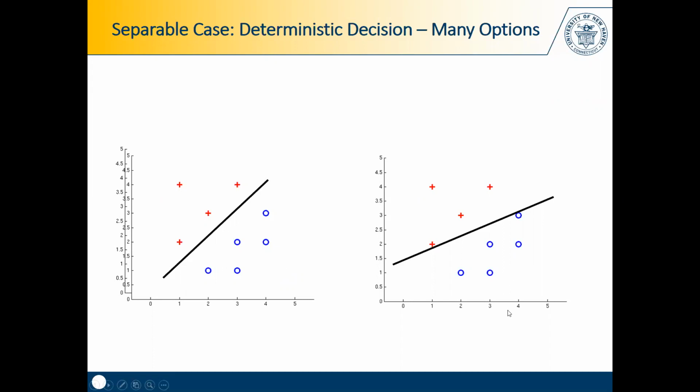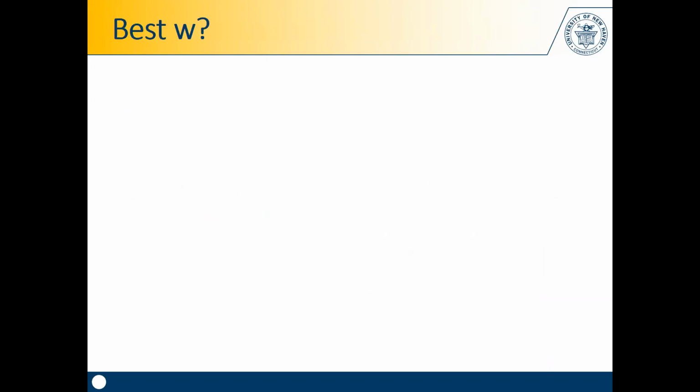Which one is best? Any thoughts on that? What are the desired properties of a deterministic decision boundary? Any guesses? How do we know what should be desired?